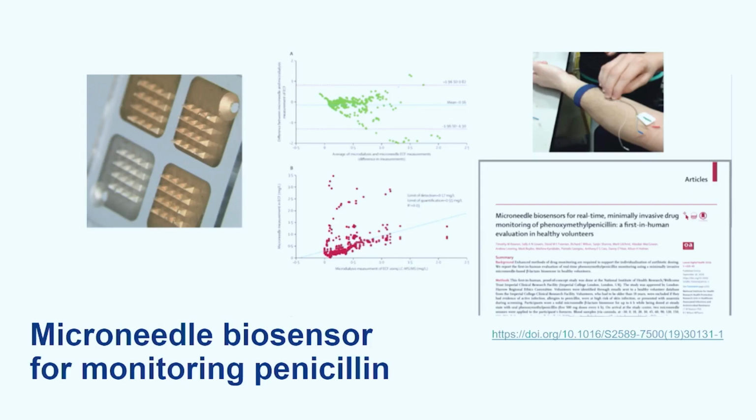So this is an example here, and this paper I can proudly state was published in Lancet Digital Health, which is a high impact factor journal, and this was again work done by Timothy Rawson. Here you can see the result data expressed in the form of what we call a Bland-Altman plot.